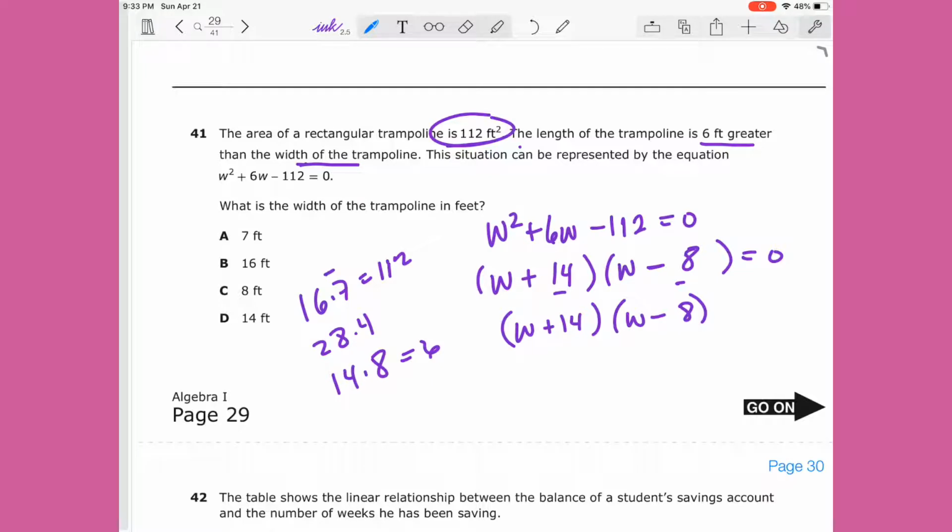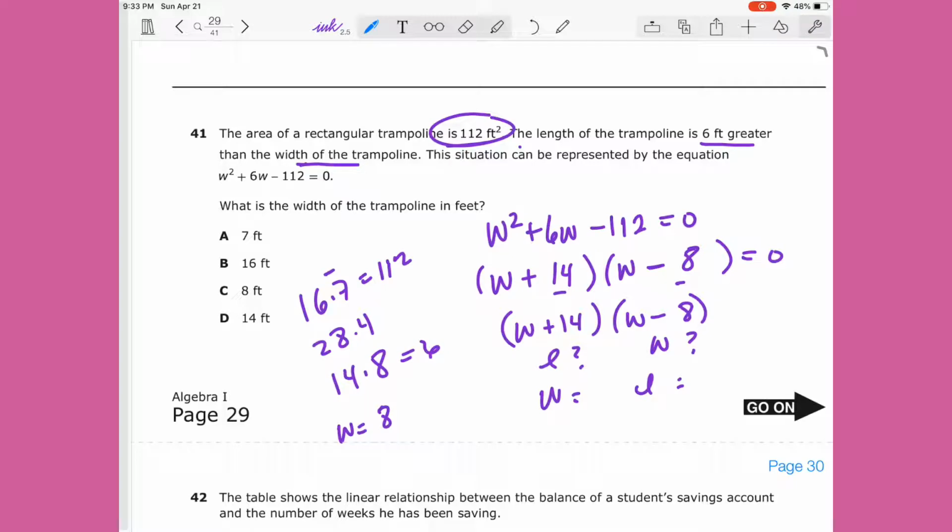But it says that the length of the rectangle, so we've got possibly length times width, or this could have been our width, and this could be our length. It says that the length is 6 feet greater than the width. So let's say the width is equal to a positive 8.